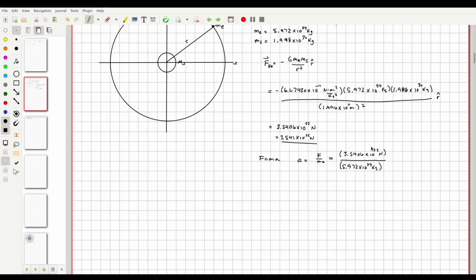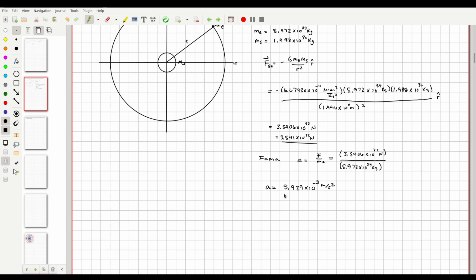You get an acceleration of 5.929 times 10 to the minus third meters per second squared.